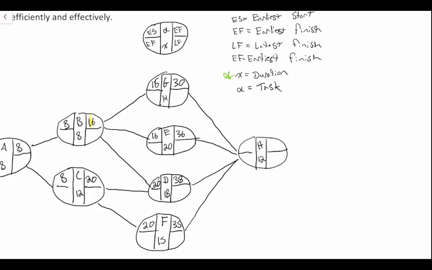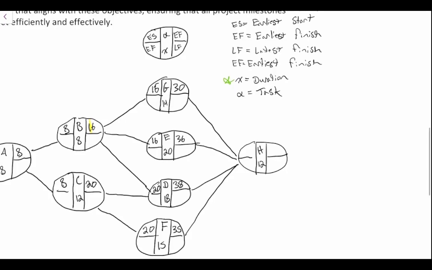Now what we have to do is identify the earliest possible start for project H. Given that projects G, E, D, and F all have to be complete, we're looking for the largest earliest finish, or the max earliest finish.